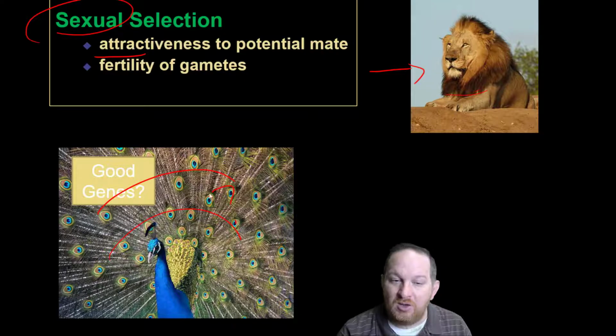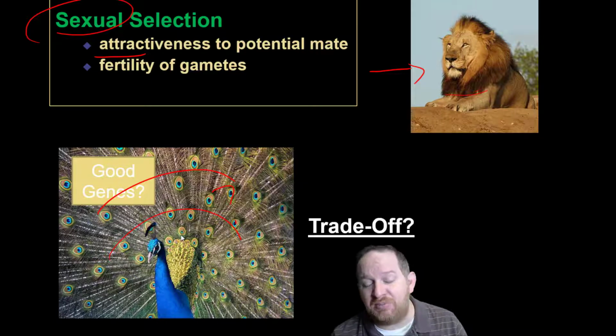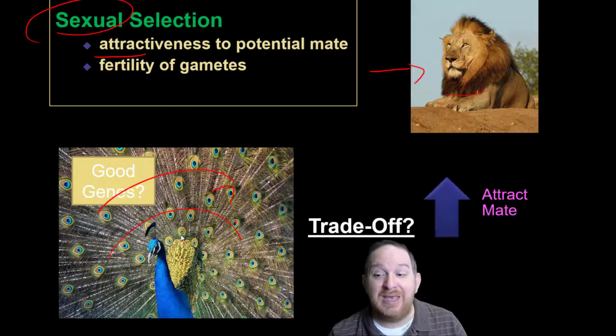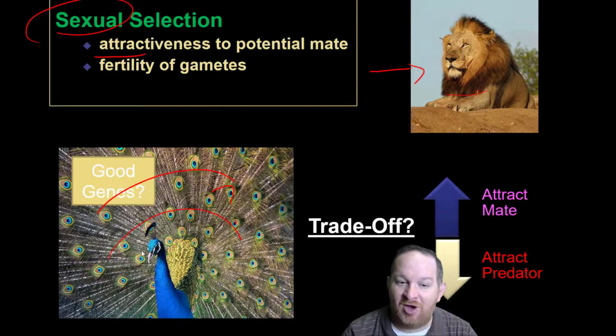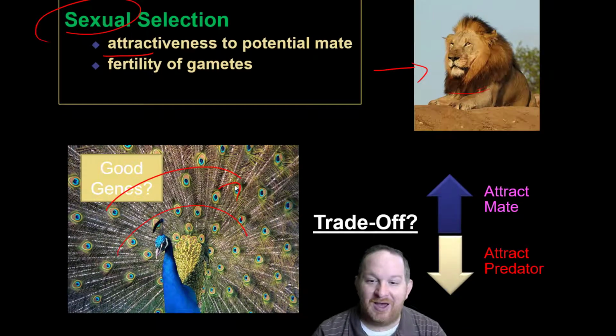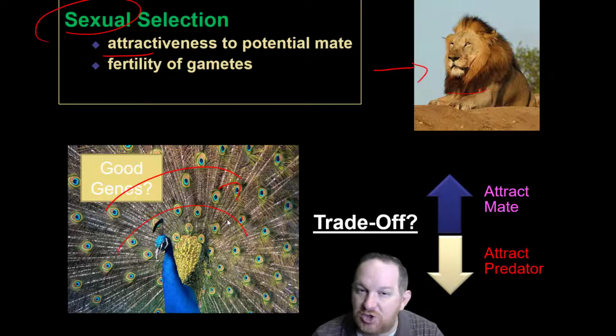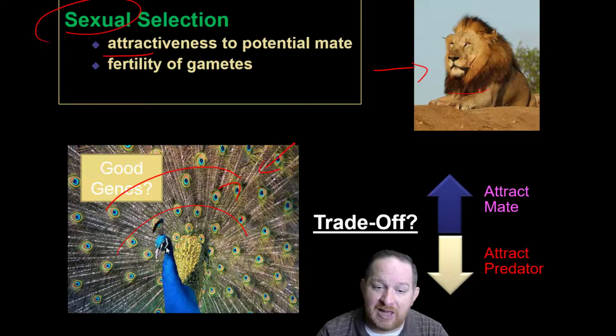Why would a peahen be attracted to a peacock with all this elaborate display? Because there's got to be a trade-off. All of this is going to help attract a mate, but at the same time, all this crazy plumage is really going to attract predators too. So there's a natural trade-off that we find with some of these sexual selective mechanisms. You're going to get the ladies with all this, but you might also attract a predator.